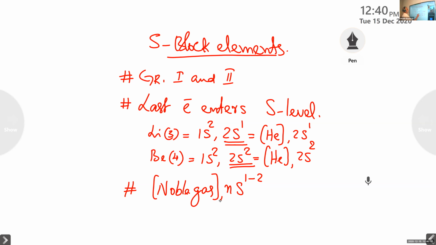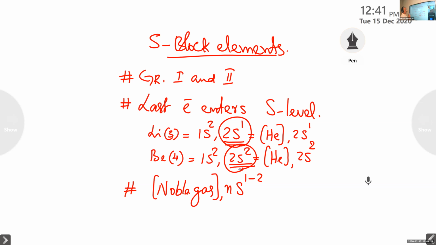For example, group 1, ns1, and group 2, ns2, in the outermost level. So in general, the s block elements have the noble gas configuration, then ns1 or ns2. ns1 is for group 1, and ns2 is for group 2.